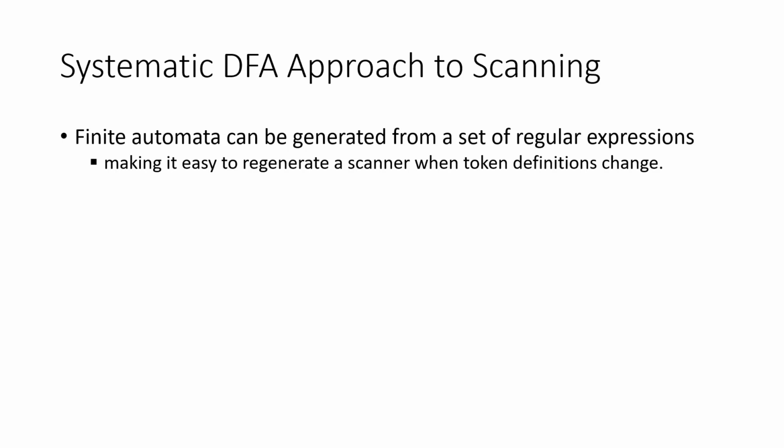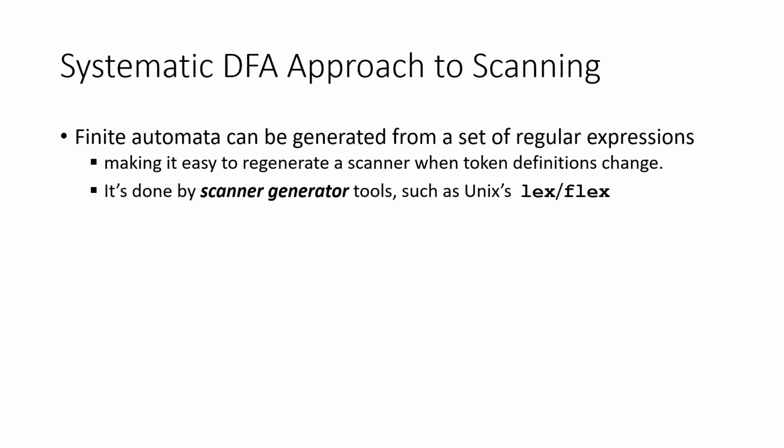This is particularly useful during language development because token definitions may change when the language has not been finalized. This task of generating a finite automaton from a set of regular expressions is performed by scanner generator tools such as lex and flex of Unix.